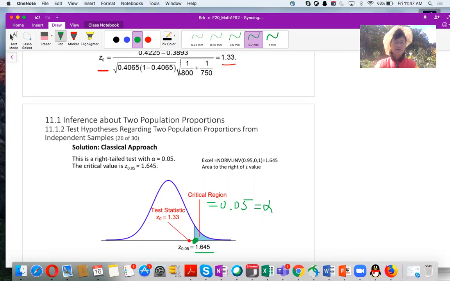Now label your test statistic 1.33. 1.33 is smaller than 1.645, so it must be on the left of 1.645. From this diagram, it clearly shows that the test statistic is not in the rejection region. The critical region is the same as the rejection region.